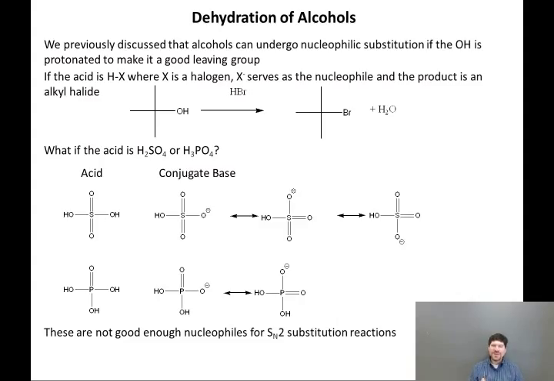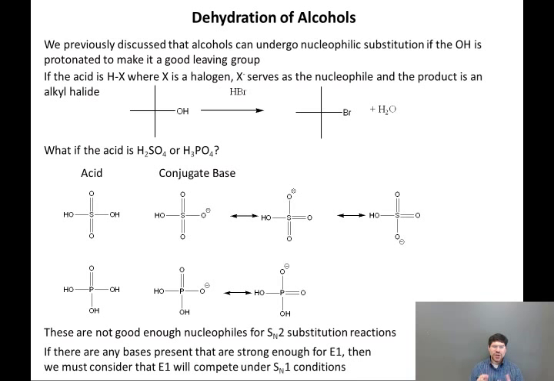And while they may be good enough nucleophiles for SN1 substitution reactions, as we will see, there is something else that's going to happen faster in this case. If there are any bases present that are strong enough for E1, then we must consider that E1 will compete, as we saw in the previous lesson, under SN1 conditions.